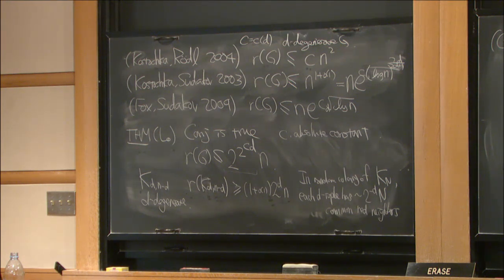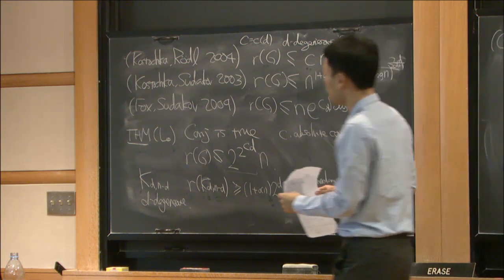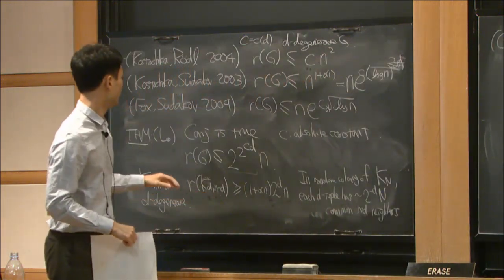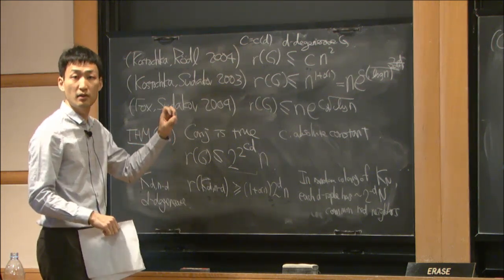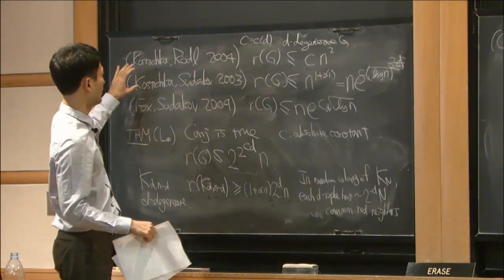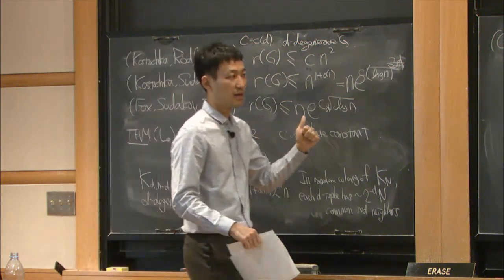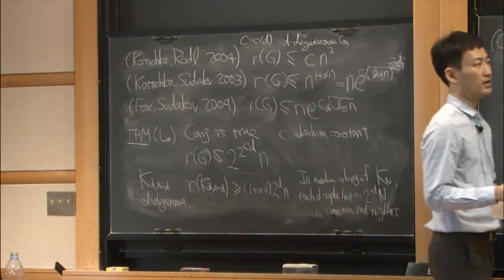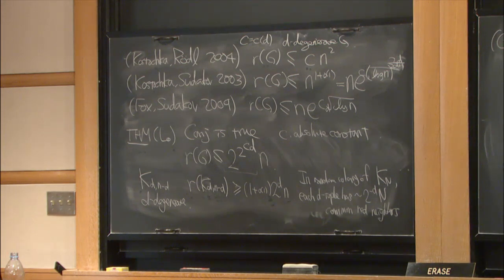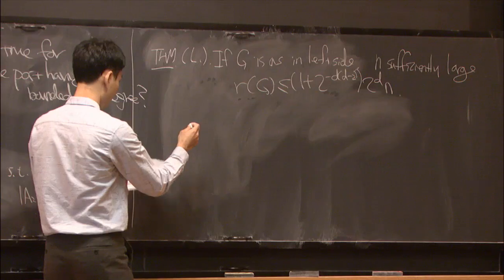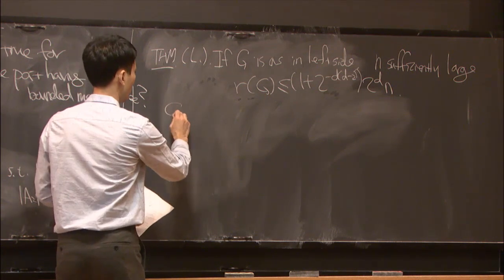And that proof already contains, I believe, all the main ideas behind this theorem, which is basically developing on this idea of Kostochka and Sudakov, and another application of dependent random choice developed by Alon, Krivelevich, and Sudakov. Let me mention when it gets relevant again. Okay, so there are two parts to this proof.